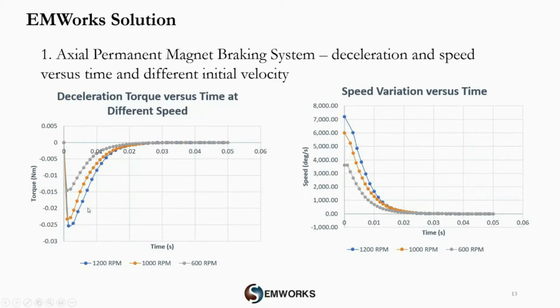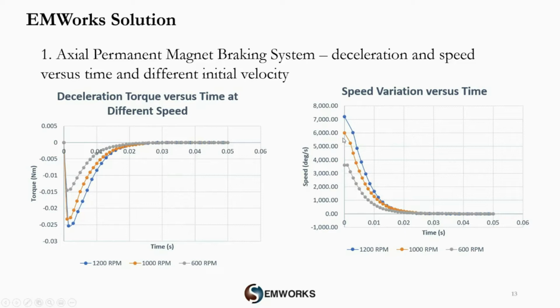You can see the variation of the torque, and when it comes to a halt or stop. For this particular design, we have to zoom in more here to see, but the initial velocity also has some effect on the deceleration or the stopping time.